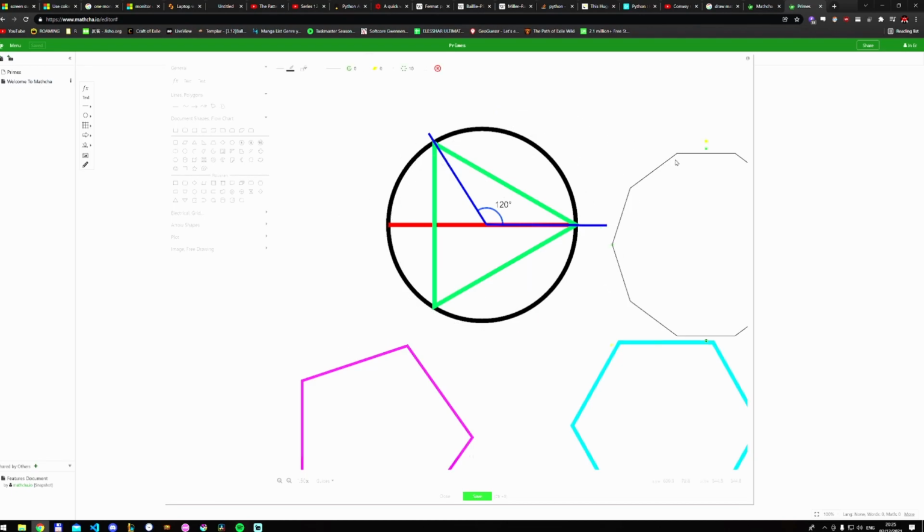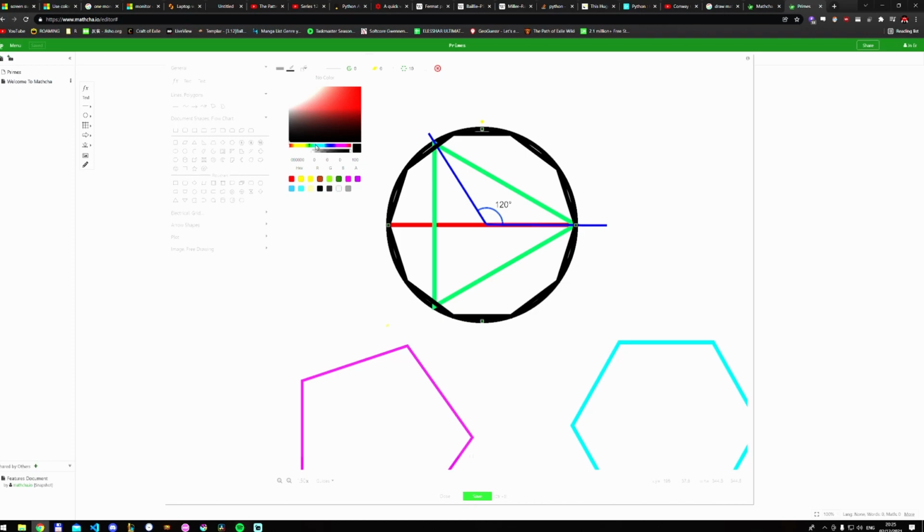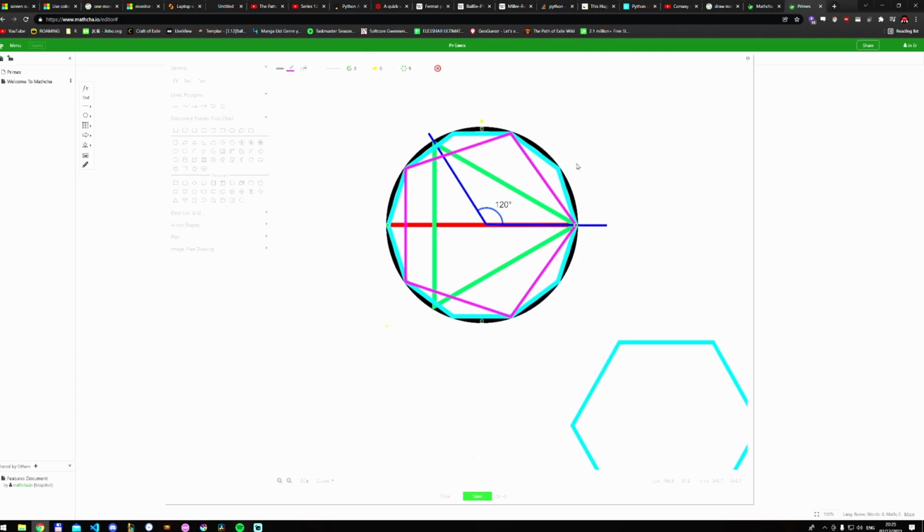Now, if we look at the 10, even if this point is not working, since it's not a prime, if we look at it better, this is a 10, and this is a 5. And as we know, each two sides, this is 36, this is 72.